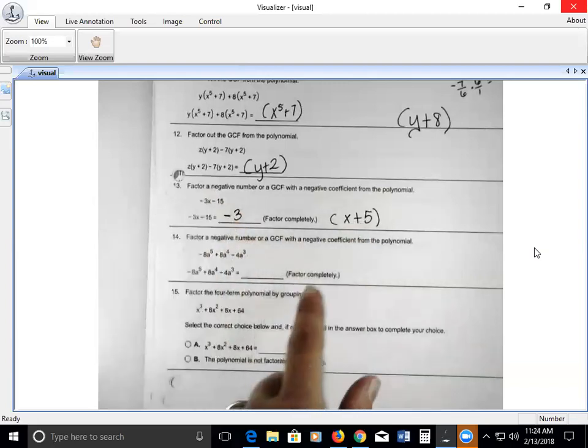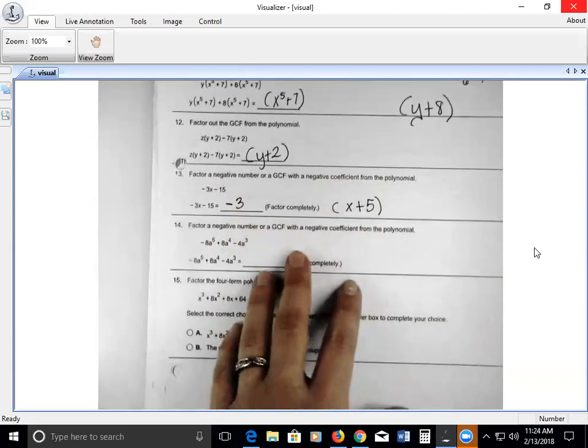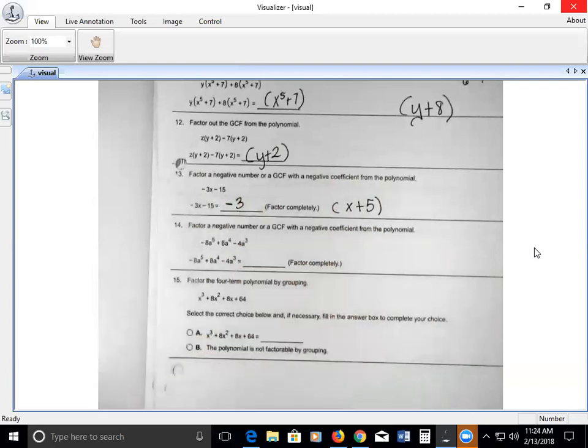Look at the difference between 13 and 14. In 13, both terms shared a negative. Visually easy to see there that we have a common factor that's going to include a negative representation. But in question 14, another situation comes into play, which is where the numerical coefficient in the first position, the A position, is a negative representation.